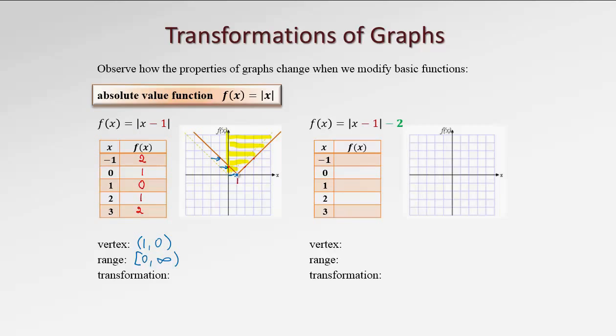Well, this one step to the right must have something to do with this extra negative 1 inside the absolute value sign. So keep this in mind and we'll try to confirm if this rule happens to apply to other functions as well. So how do we describe the transformation that happened here? Well, we can do it by words, just one step to the right.